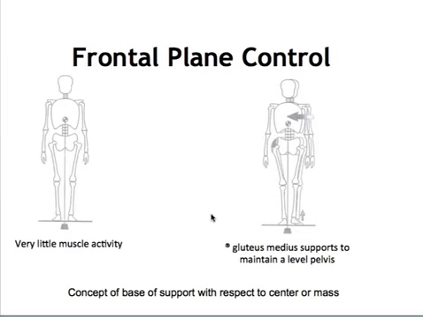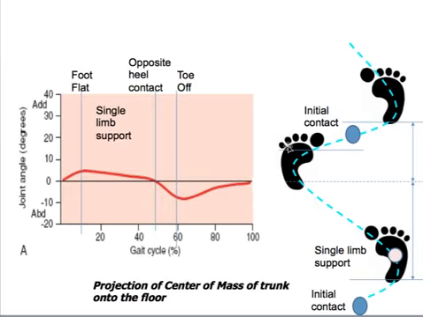And so with that in mind, as we go to single leg stance, the big stabilizer of the trunk will be the glute medius, as we shift the center of mass over the base of support, which would be the foot. If you stand on one leg, you'll notice you wobble a little bit. Well, that wobbling is the fine adjustments and control executed at the subtalar joint while the glute medius stabilizes the trunk.